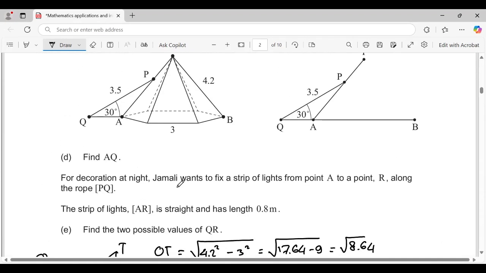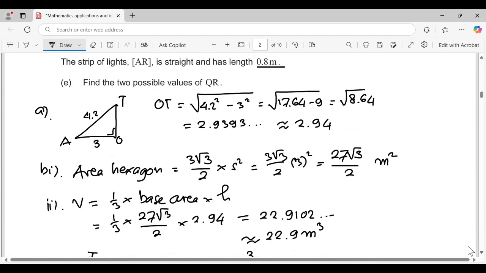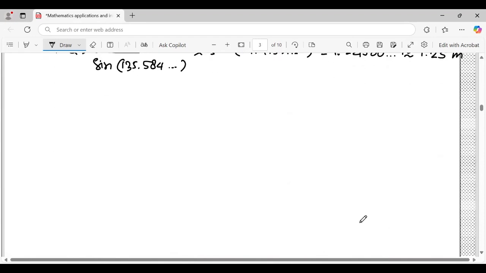Next question. For decoration at night, Jamali wants to fix a strip of light from point A to a point R along the rope PQ. The strip of lights AR is straight and has length 0.8 meters. Find the two possible values of QR.